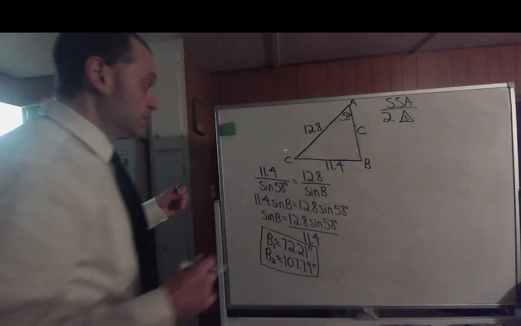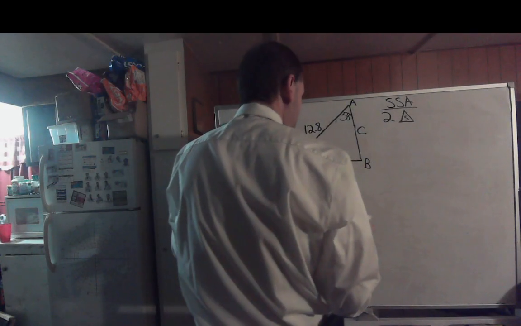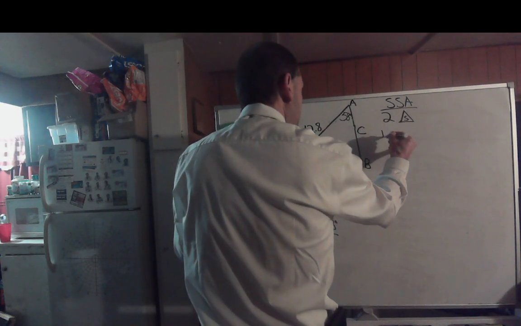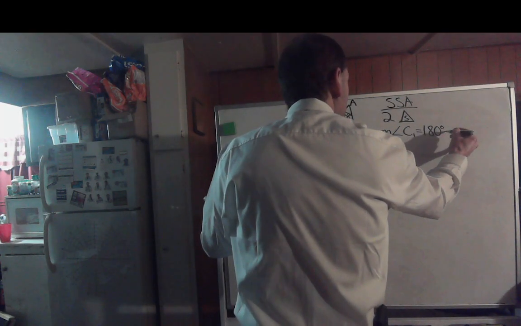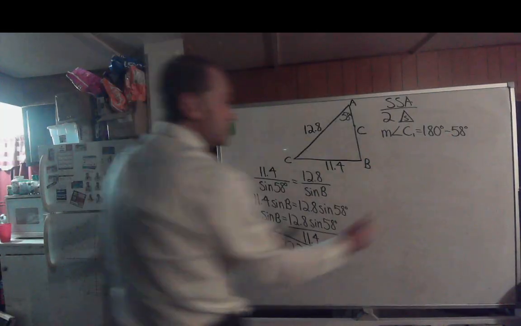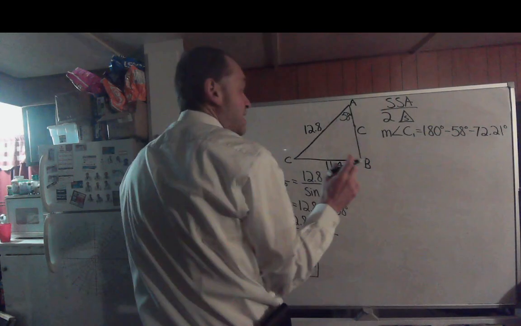So let's solve for the measure of angle C1. It is going to equal 180 degrees minus that 58 degrees, then minus that angle B1, so that'd be minus 72.21 degrees. So what does that mean?